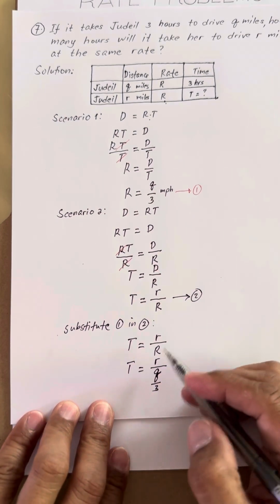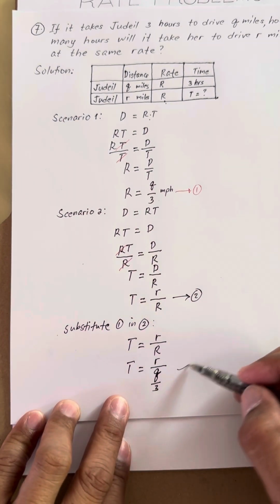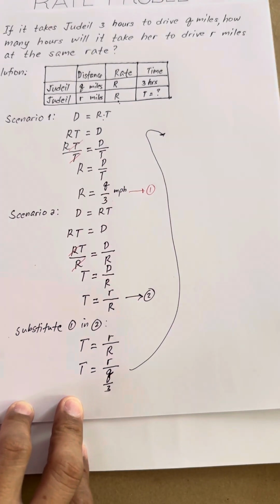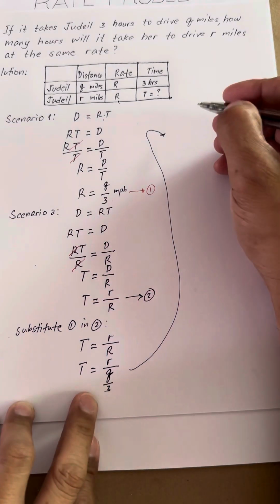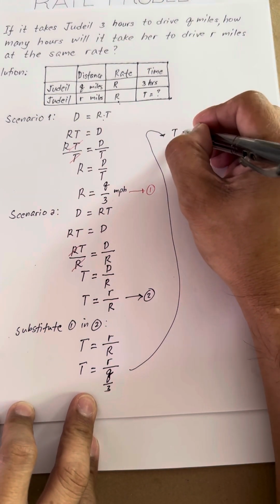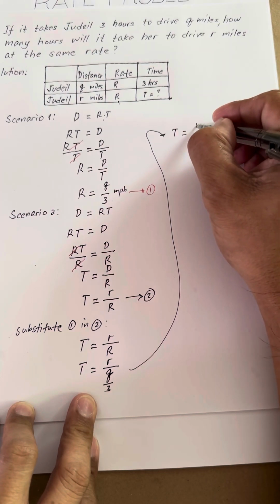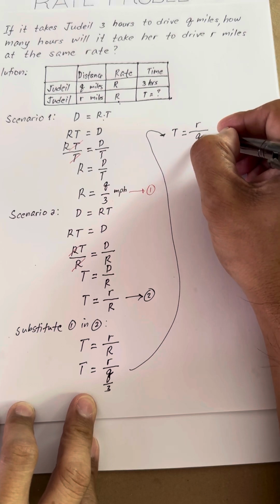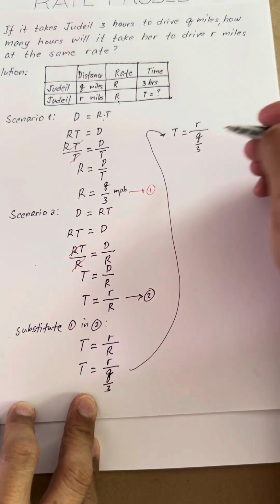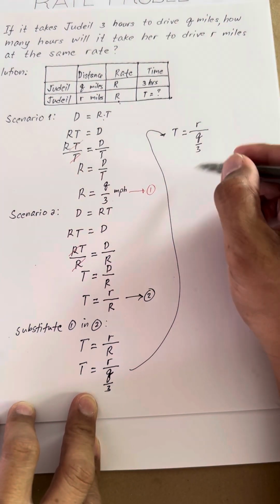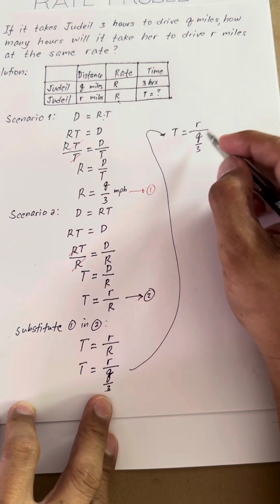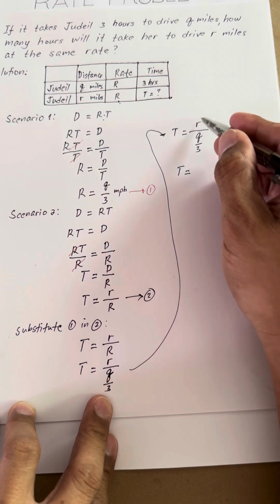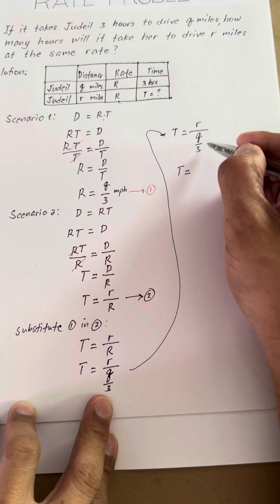Okay, so this is division of fraction. So I will rewrite it here. So T is equal to R all over Q divided by 3. So from arithmetic, when you are dividing fractions, this is our numerator, this is our denominator.